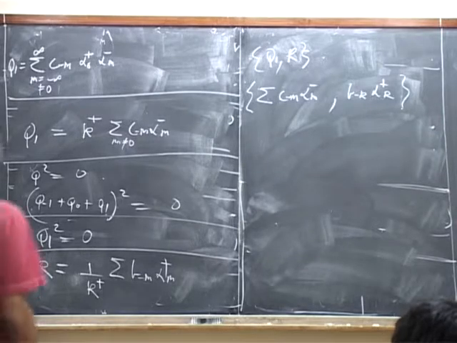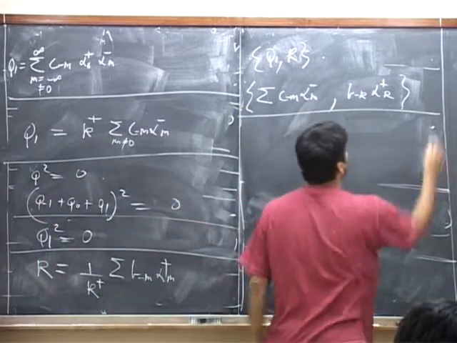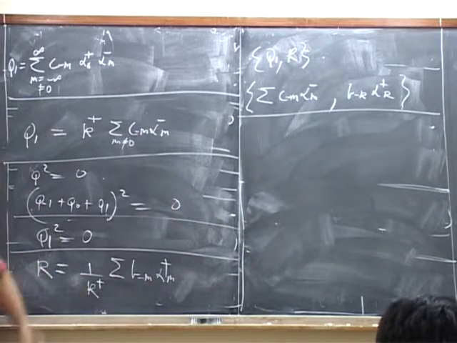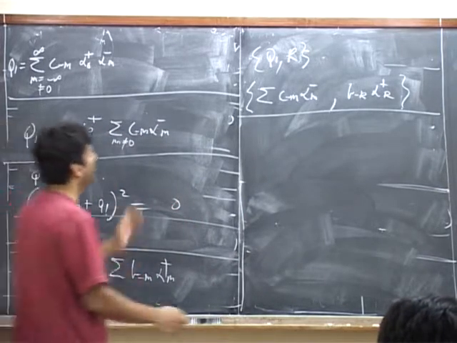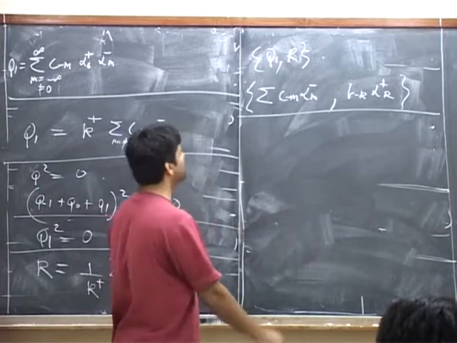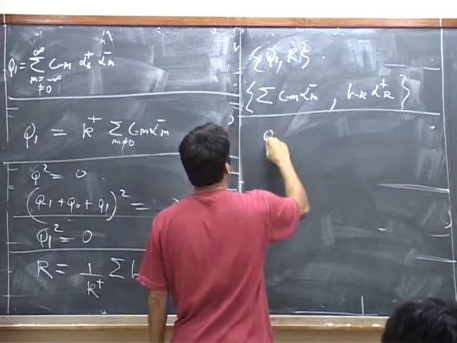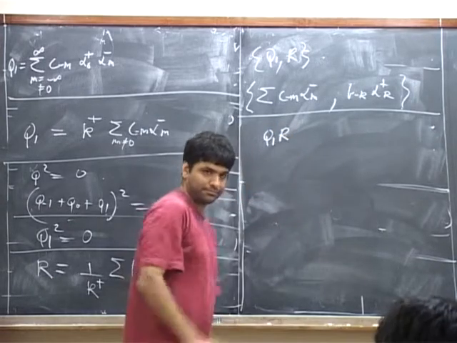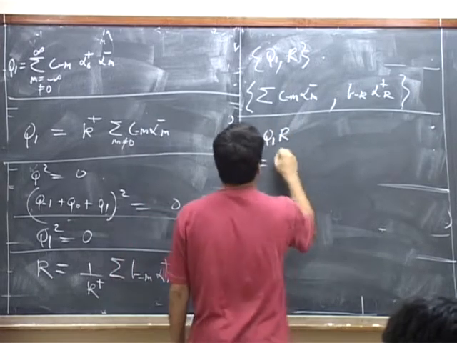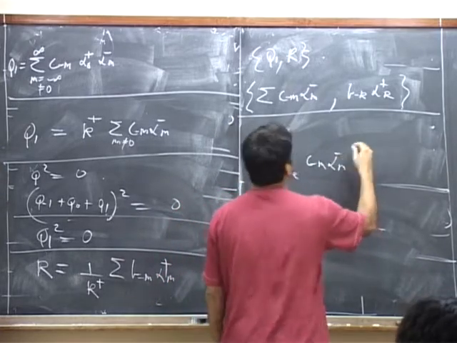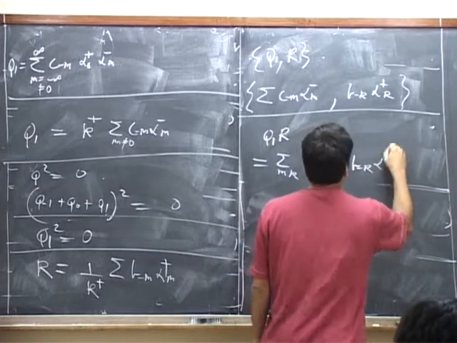Okay. So now what are we going to get? The only thing to be careful about is signs. Either you can remember some abstract rules in doing anti-commutators, or you just work it out by pulling things through. So let's work it out, by pulling things through. Let's look at Q1R. That is equal to sum over m, sum over k, c minus m, alpha minus m, b minus k, alpha plus k.